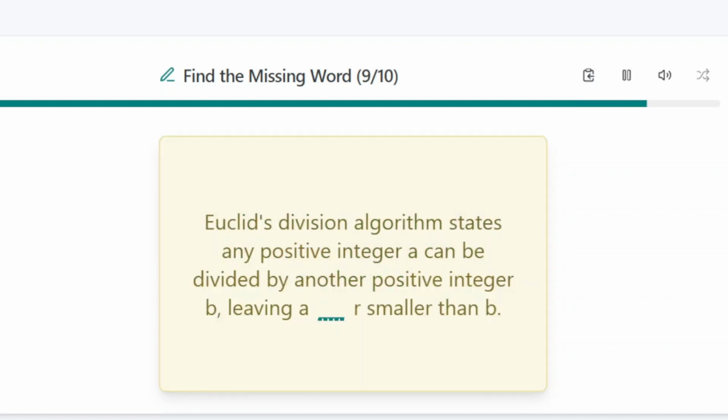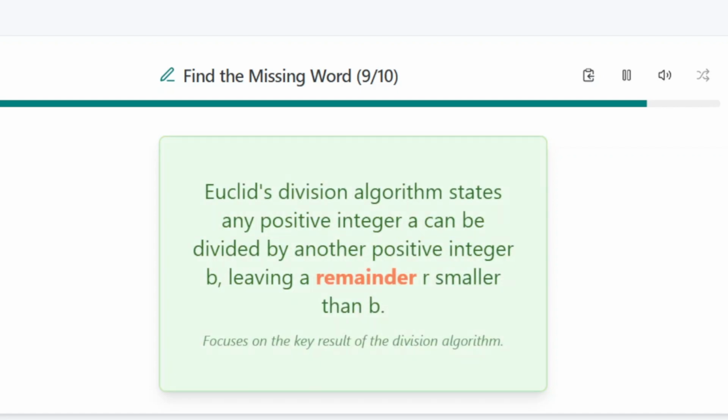Euclid's division algorithm states any positive integer a can be divided by another positive integer b, leaving a blank r smaller than b. Remainder. Explanation: focuses on the key result of the division algorithm.